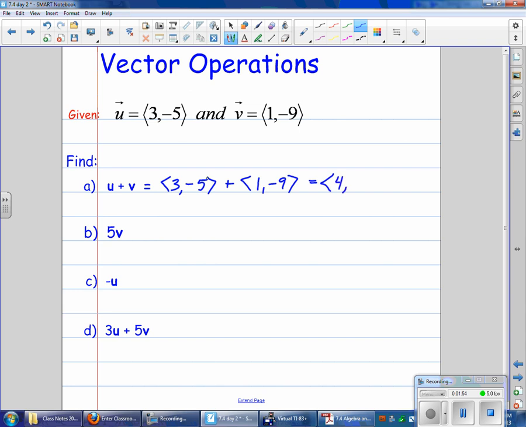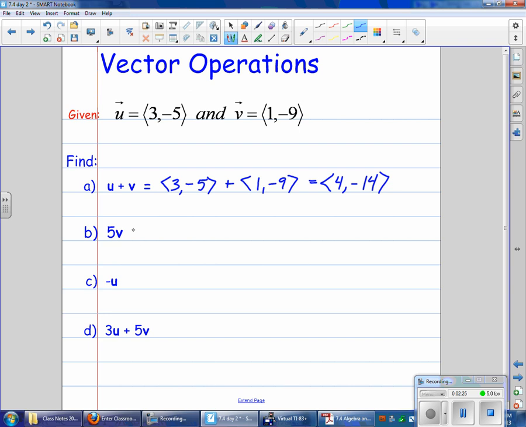And we'll add the two vertical components, the two y-coordinates, which is -5 plus -9. So -5 plus -9 is going to give us -14. So again, if we looked at a diagram or put these on the coordinate plane, you would see that <3, -5> plus <1, -9> would be the same resultant as if we moved one tail to tip, which is <4, -14>.